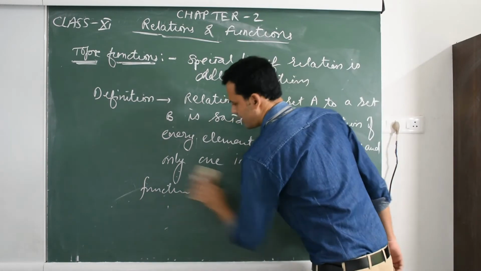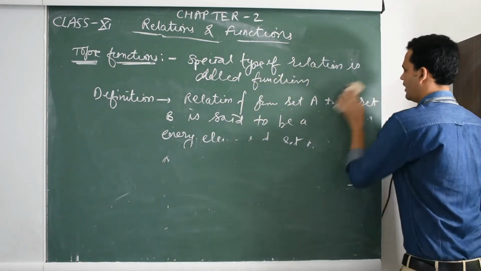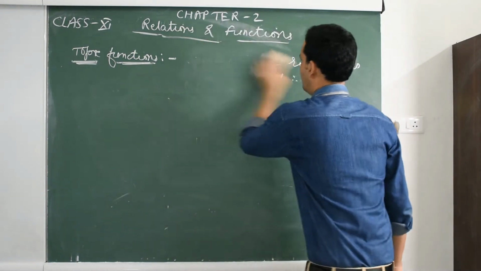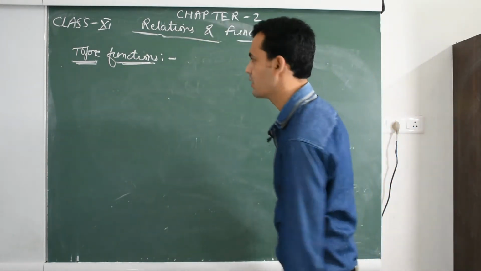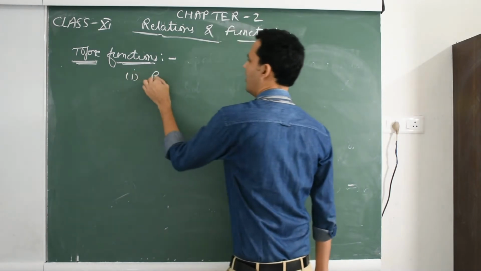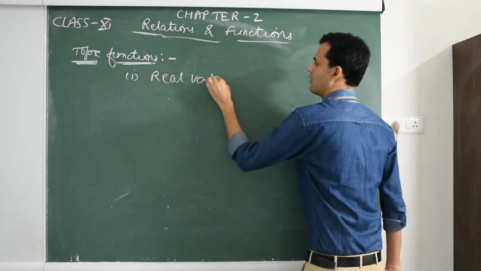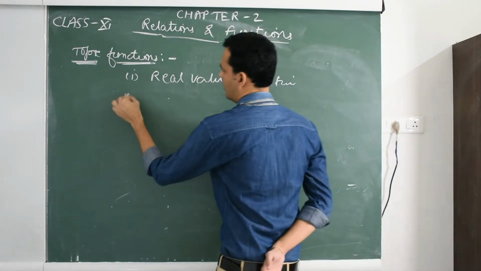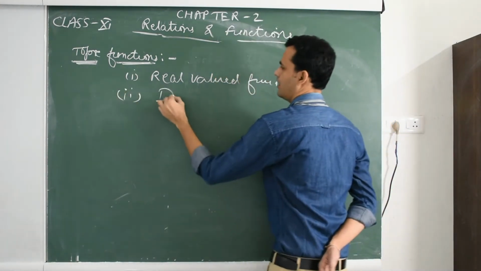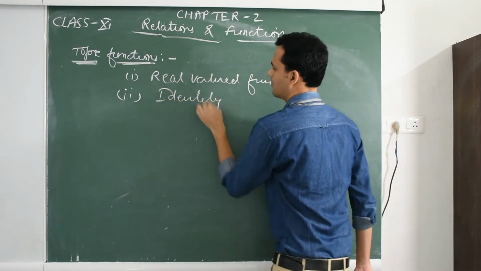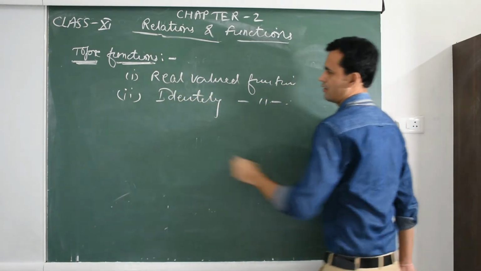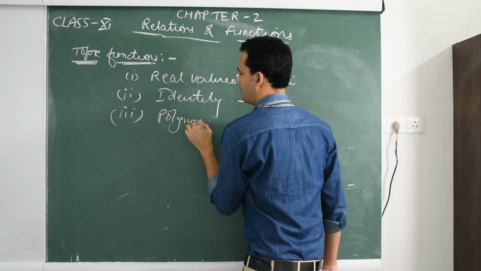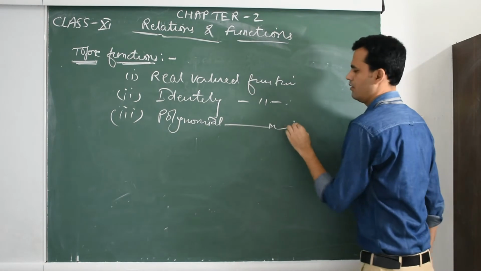Now next is types of functions. There are 6-7 types of functions, and the names of these types are: first is real valued function. Second is identity function. Third is polynomial function.